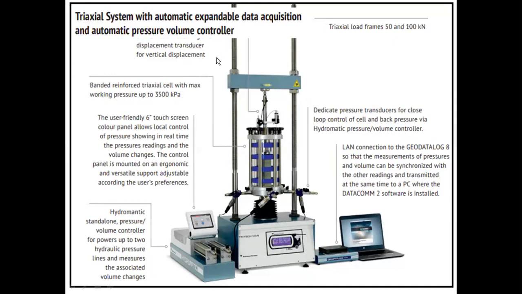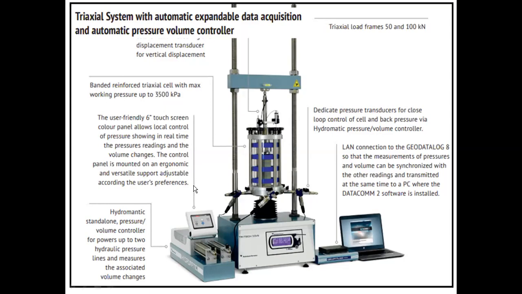If you go through the websites, there are lots of developments in the equipment that we can use in the laboratory to carry out the triaxial test. Tests have more accuracy and are more automated, because the manual intervention will be less. In case of any manual intervention, definitely there will be a chance of errors, but we don't want to compromise the precision of the values. For that purpose, the automated systems will play a vital role.